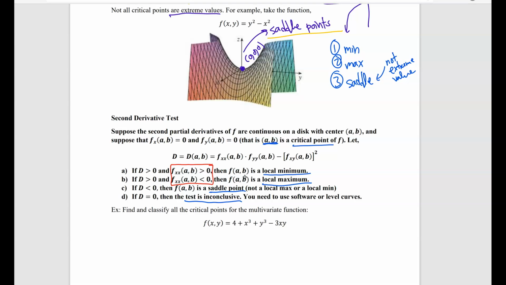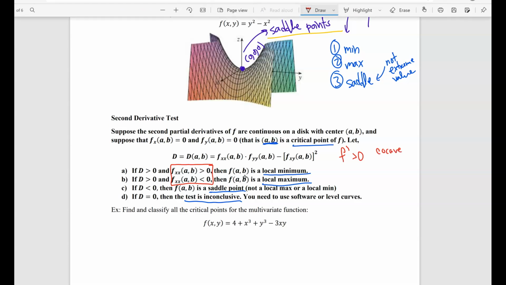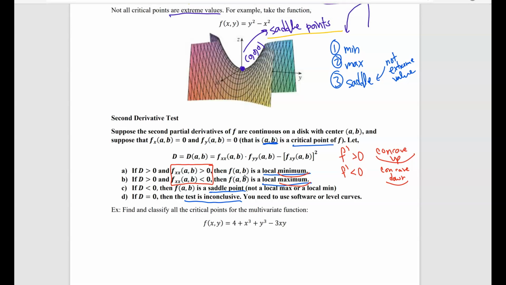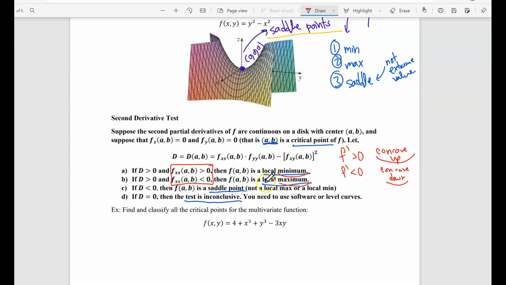Remember, if you had the second derivative be positive, you had something that was concave up, and if you had it be negative, you had something that was concave down. You can kind of see that concave up sounds like a minimum and concave down sounds like a maximum, even though there can be differences. But you can see a little bit of the similarities here.